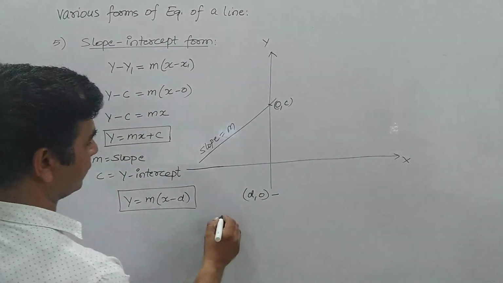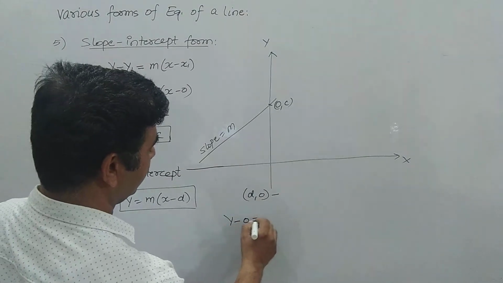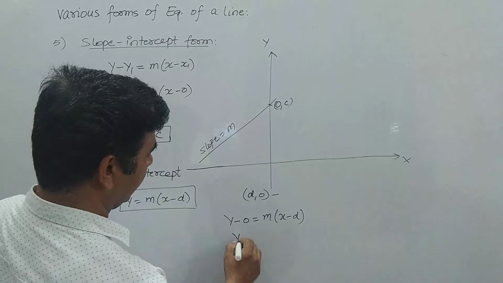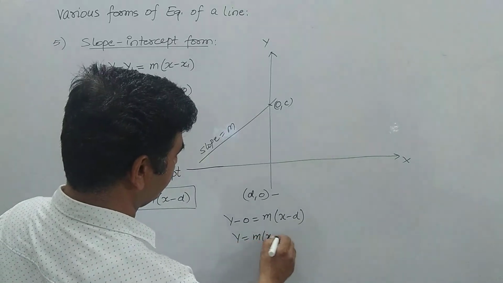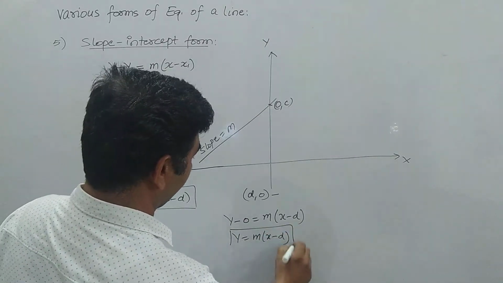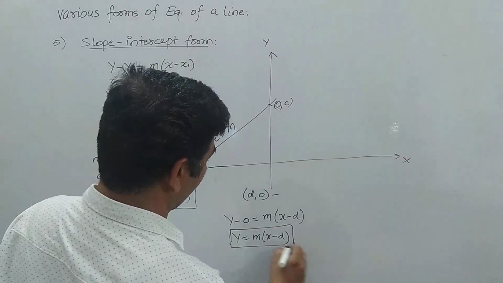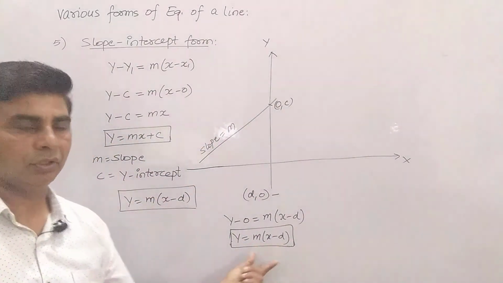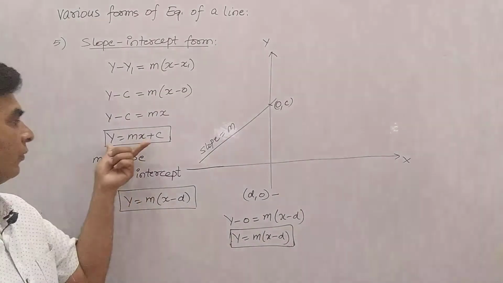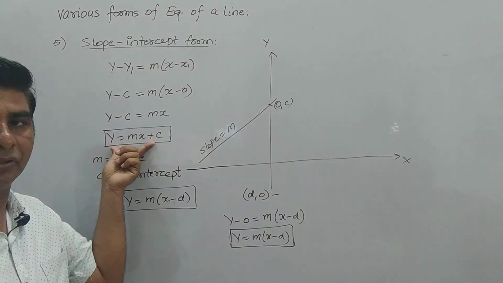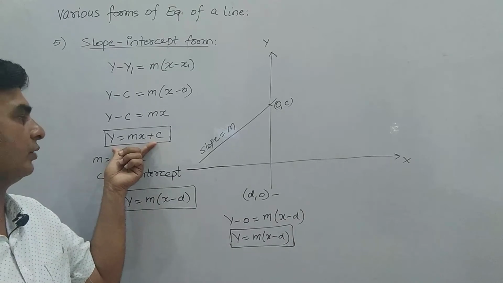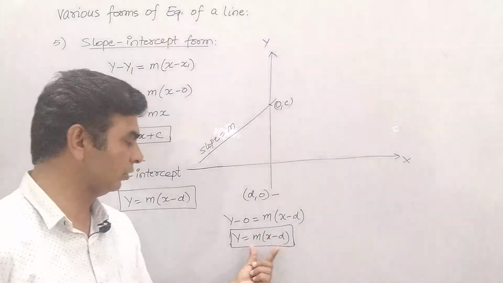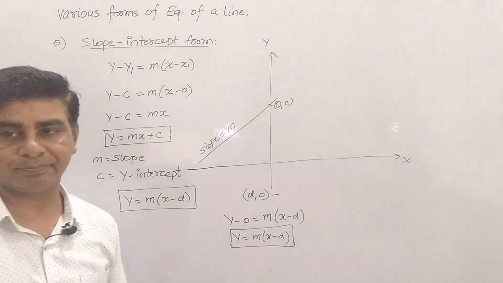So in this case the equation will be given by y minus 0 is equal to the slope times x minus d, which implies y is equal to m times x minus d. So this is also the form known as slope intercept form. This is the case whenever the x-intercept is given to you, and the earlier one is the case whenever your y-intercept is given to you. So if the y-intercept is given, the equation is y is equal to mx plus c, and if the x-intercept is given to you, this is your y is equal to m times x minus d.